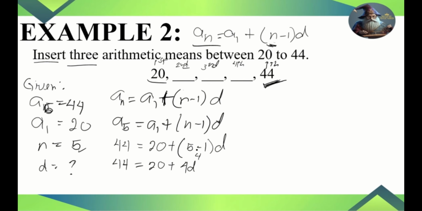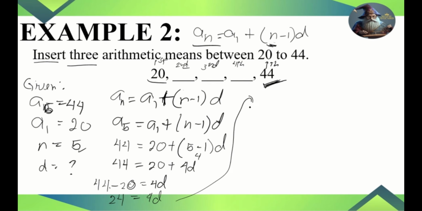Okay? So, itong 20, i-transpose natin to the other side of the equation. 44, positive 20 becomes negative 20, is equal to 4d. Okay? So, therefore, itong 44 minus 20, that is 24, is equal to 4d.